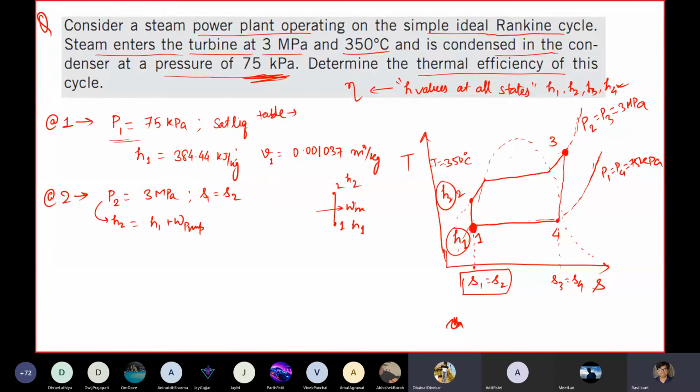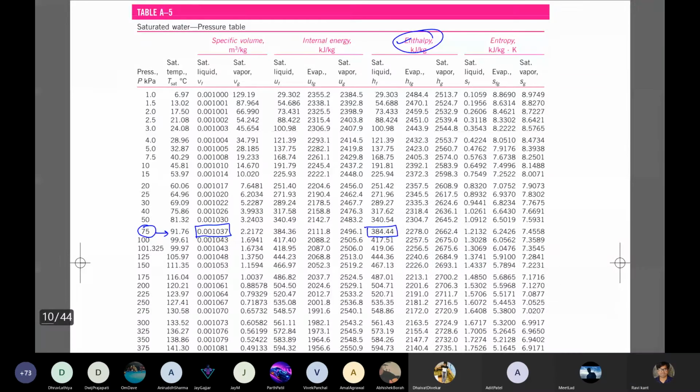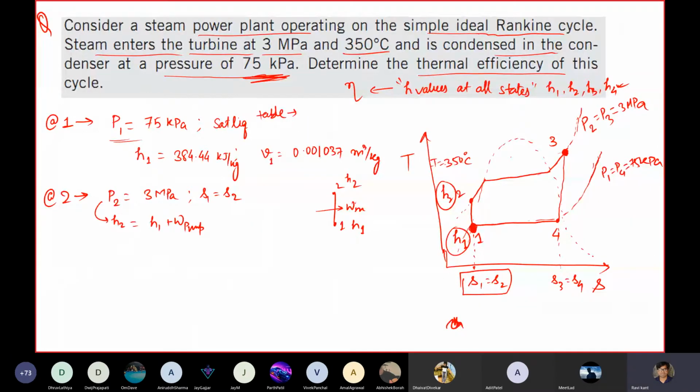Okay, so let's go to the table. So this is your table. But we don't know what my state is. State 2 is a bit fishy. Sir, it's subcooled, can we not say that it is liquid? Subcooled. It's not yet at saturated pressure, so the table won't give me effective, accurate results.